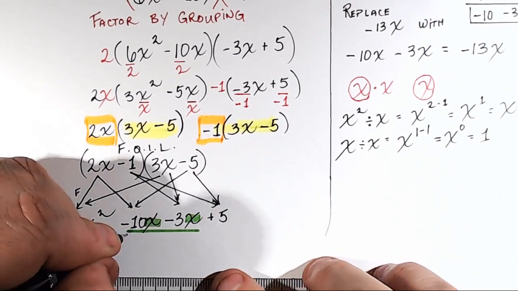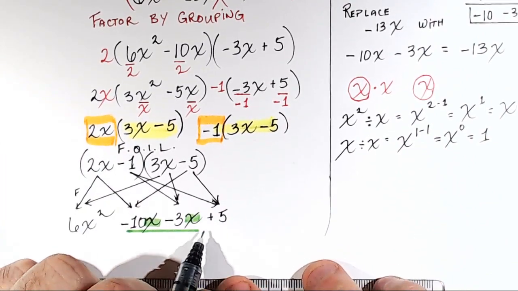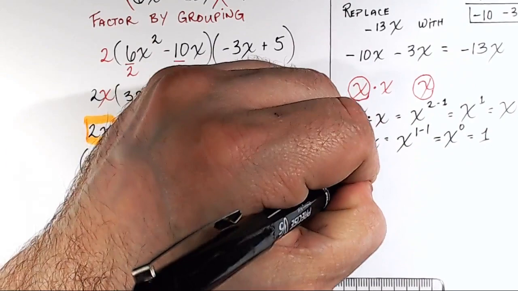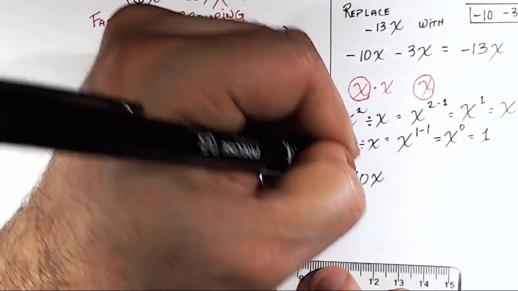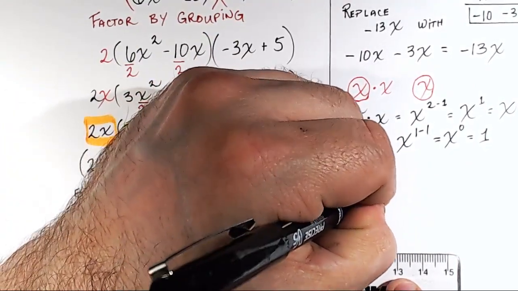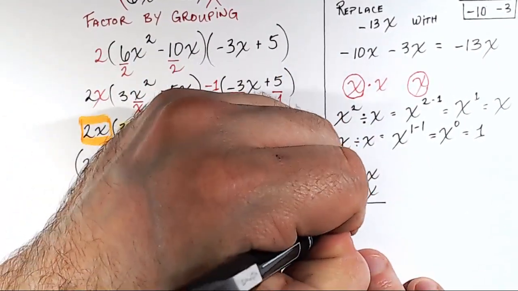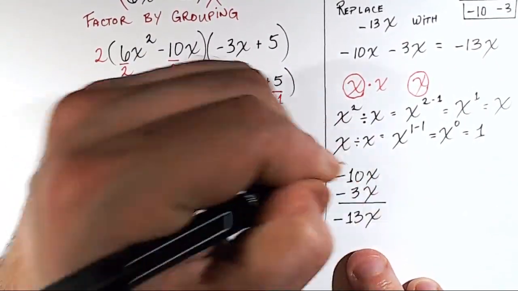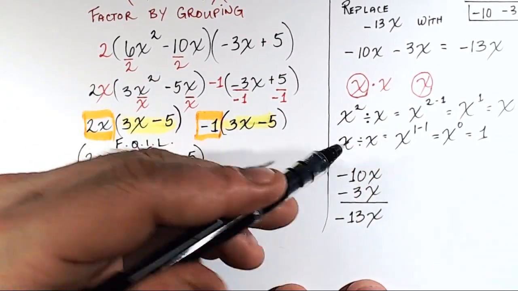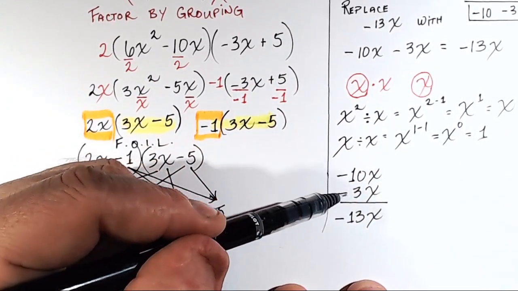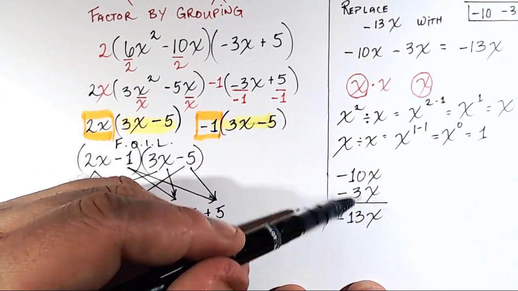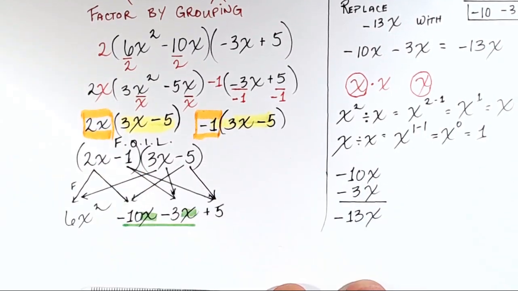So this negative 10x minus 3x equals negative 13x. And if you do this in your calculator, you just say negative 10 minus 3, it's negative 13, and then the x just comes along for the ride.